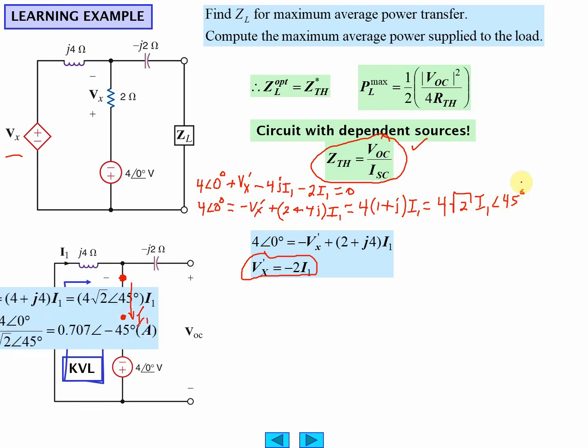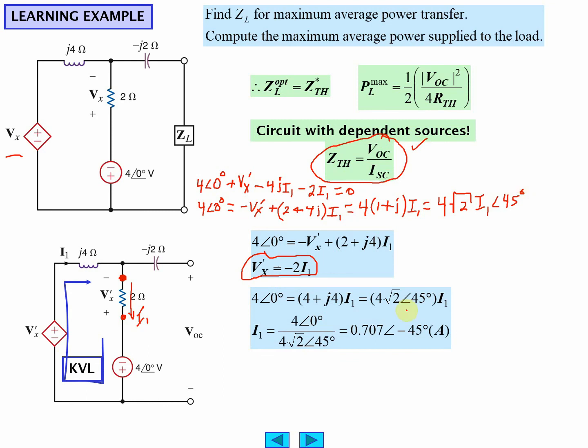Okay, let's see what the book says. So 4 angle 0 equals 4, yep, perfect, so far so good. I1. They brought the I1 factor over here, by the way, on the back side of the 45 degrees.